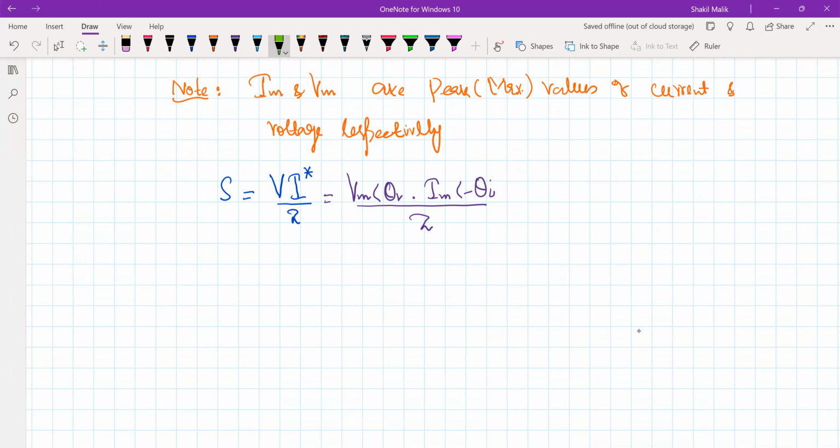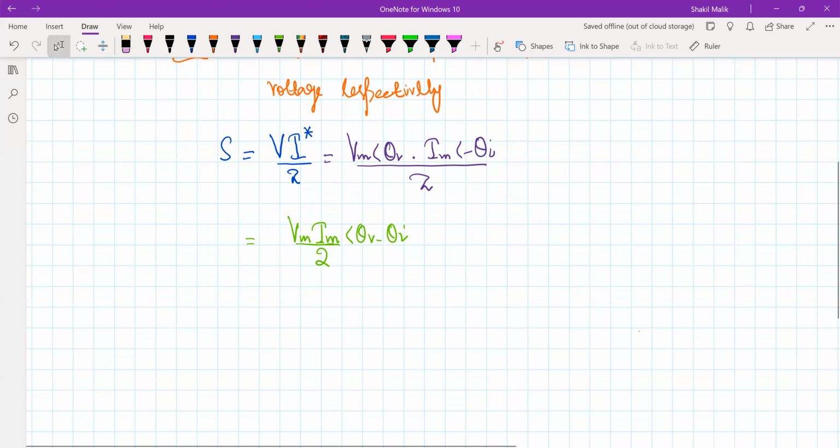Simplifying, it is Vm Im at an angle of theta V minus theta I, divided by 2. So this is the complex power.